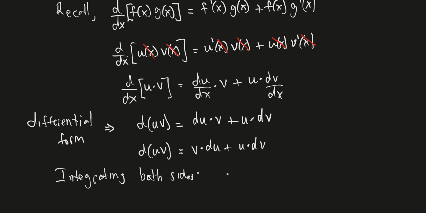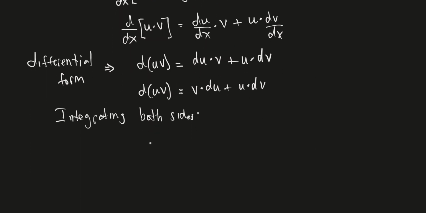Well, let's do it. It's the integral of that derivative of the product uv, and that's equal to the integral of v times du plus the integral of u times dv. But we know that when we take the antiderivative of a derivative, it cancels out.